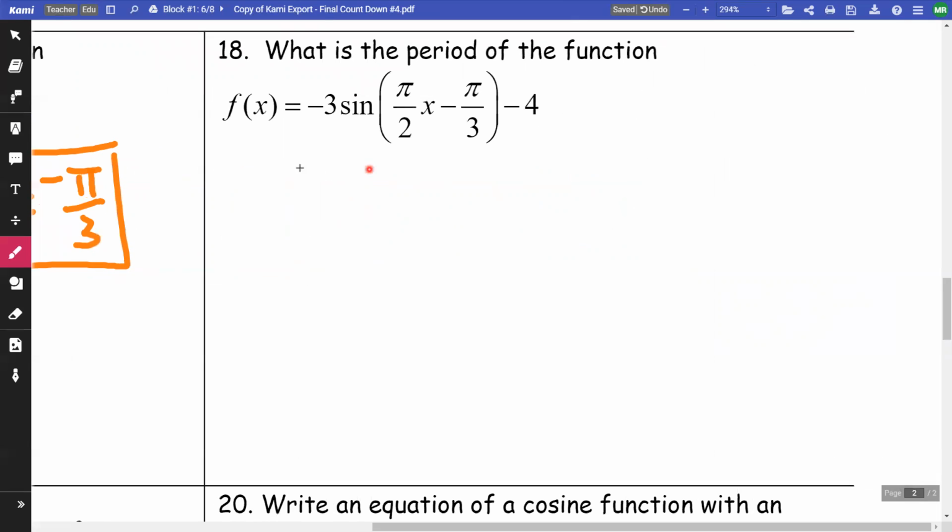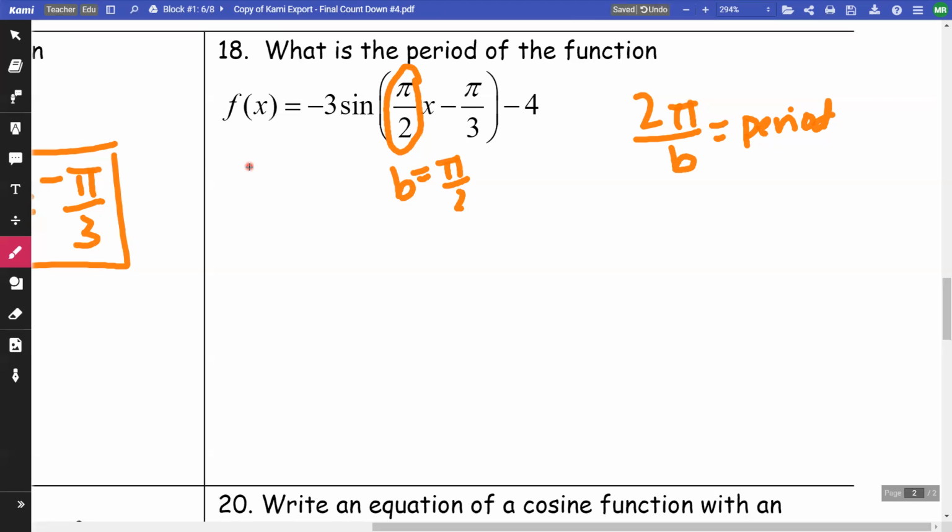Okay, on 18, what is the period? Period for sine, for everything but tangent and cotangent, is 2 pi over b. And our b is the number in front of our x. So this is our b. Our b is pi halves.